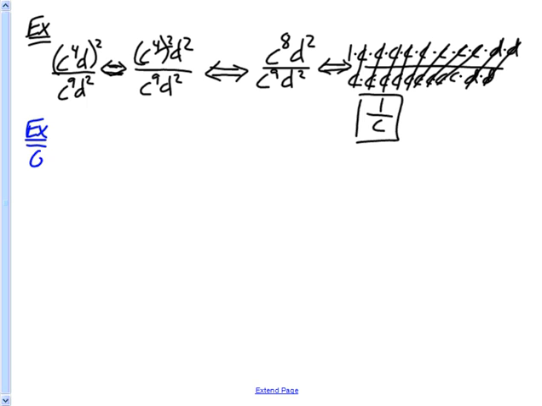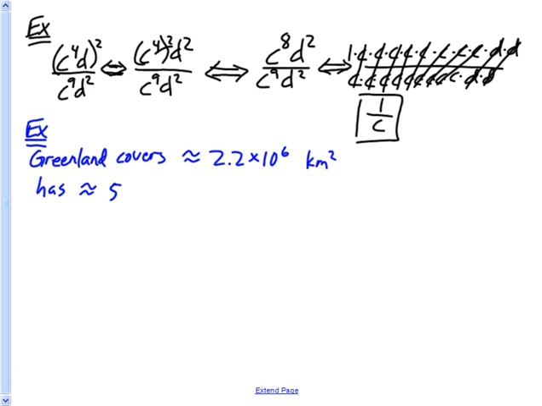Let's say Greenland covers approximately 2.2 times 10 to the sixth square kilometers, so kilometers squared, and has approximately 5.6 times 10 to the fourth people there in Greenland.